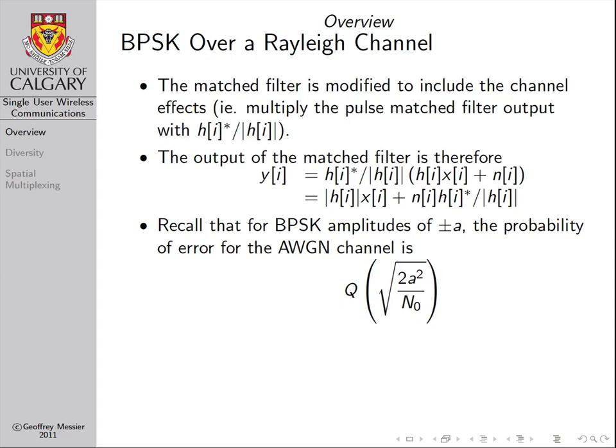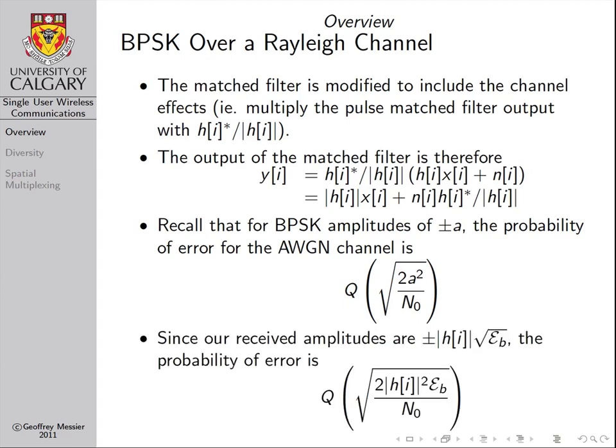Now, essentially what we have in the wireless channel, if we look at the equation up here, is our additive Gaussian noise, with variance unchanged thanks to this normalization. And so we have our original BPSK symbol, but it's just scaled by the magnitude of the channel.